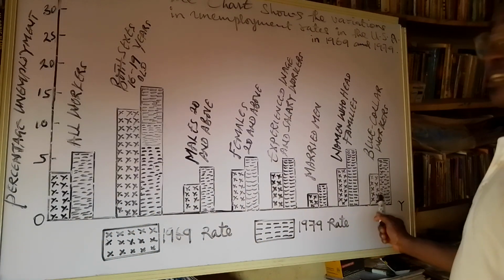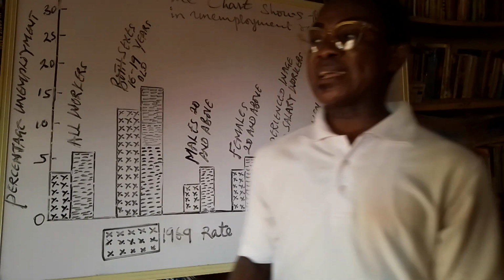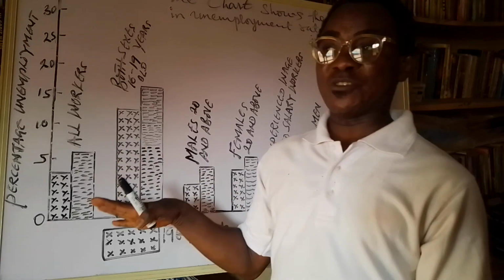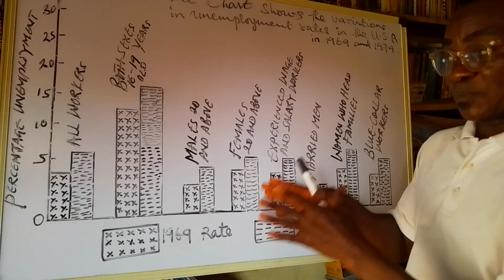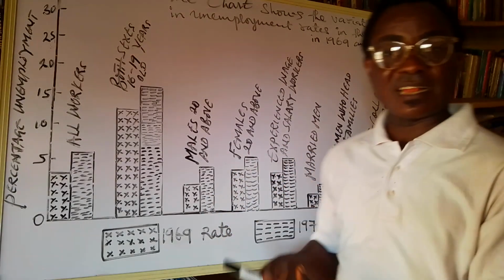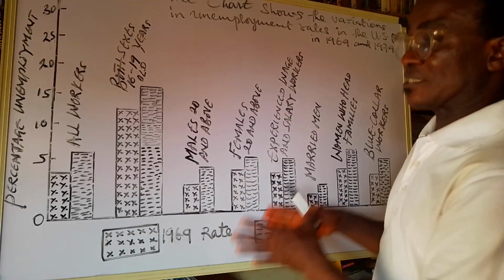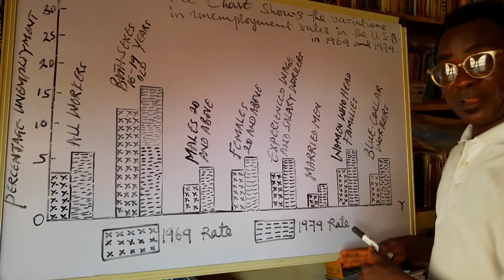The first bar of each group represents 1969. It represents the lowest value when we talk about unemployment between 1969 and 1979. So 1969 recorded the lowest rate of unemployment during our survey period.